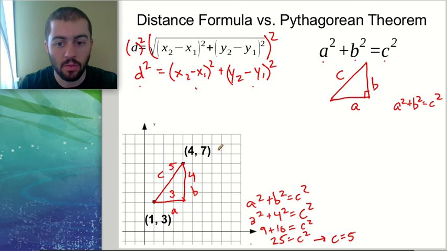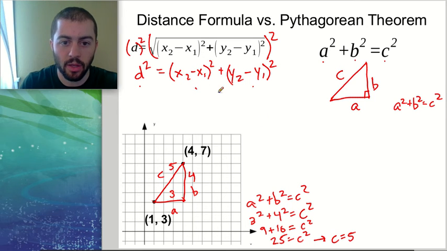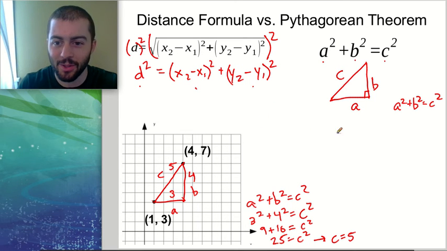We could also do the same thing using the distance formula, and I'll switch to blue here. Hopefully, I know it's getting a little crowded, hopefully keep this straight. So if we use the distance formula here, we have distance squared equals x2 minus x1 squared plus y2 minus y1 squared. We've gotten rid of that square root again by squaring both sides of the equation. So if we do x2 minus x1, what that's going to give us is 4 minus 1, or 3.